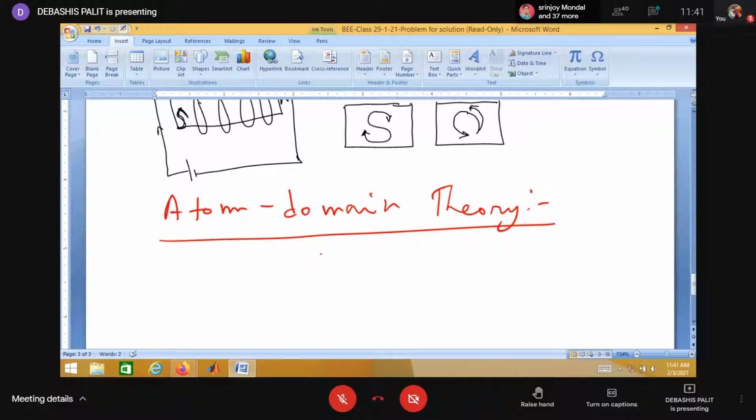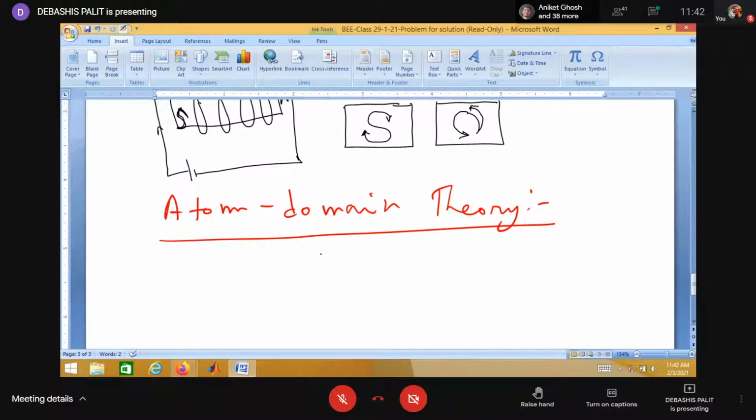The gyroscopic behavior of any electron gives rise to a magnetic moment, which may be either positive or negative as per its spin orientation. If you consider orbital motion in one direction, that is positive, and orbital motion of the electron in the other direction, that is negative.